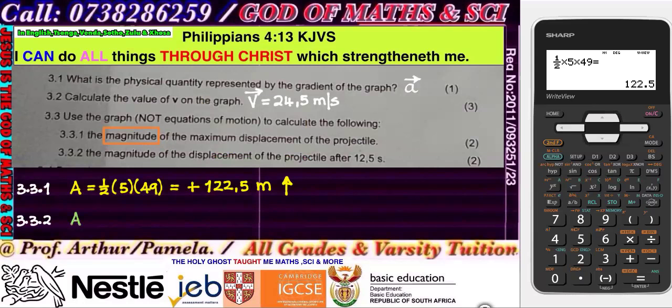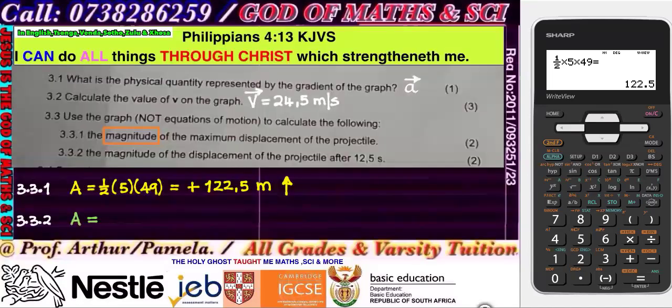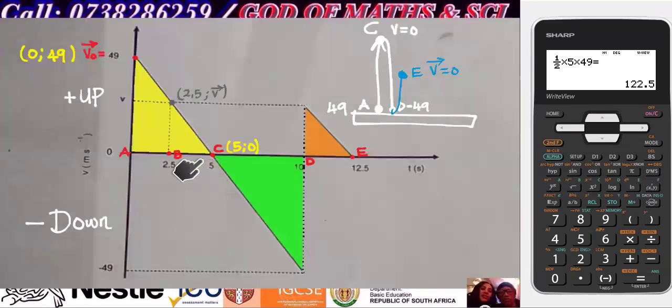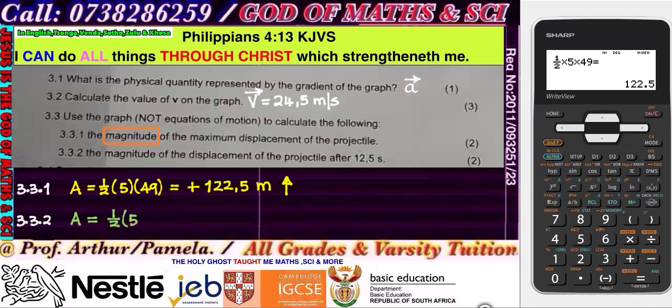I'll say area equals, now, it's a triangle, so it's half base times height. So it's going to be a half, and then the base is going to be from 5 to 10. So you take 10 minus the 5, which gives you 5. So it's going to be 5, close the parenthesis.